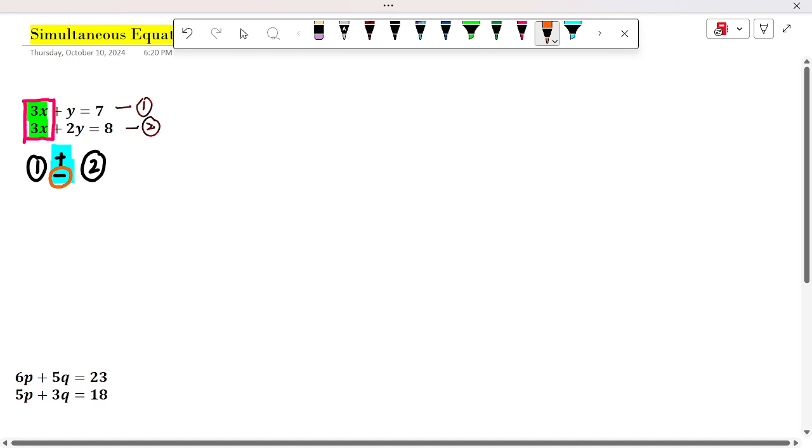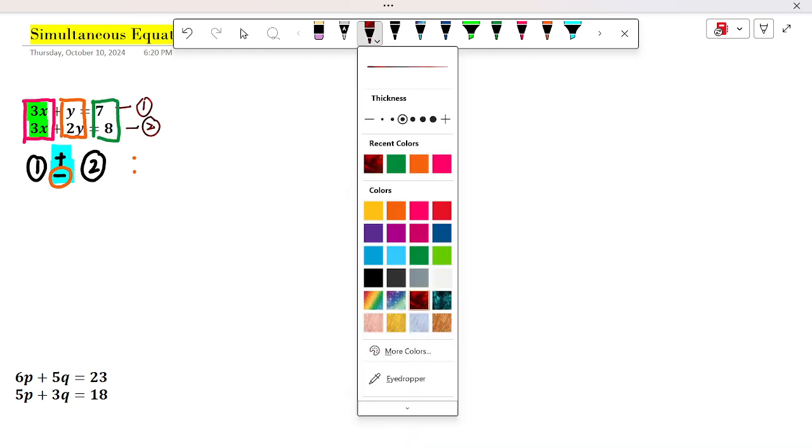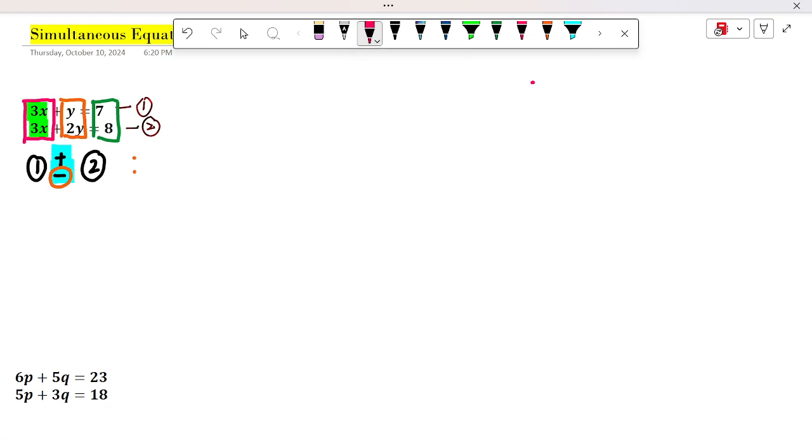Okay, so since you have decided to choose 1 minus 2, this equation also you have to minus, and this part as well you will minus. So your next step will be equation 1 minus 2. The first one, 3 minus 3 will give you 0.